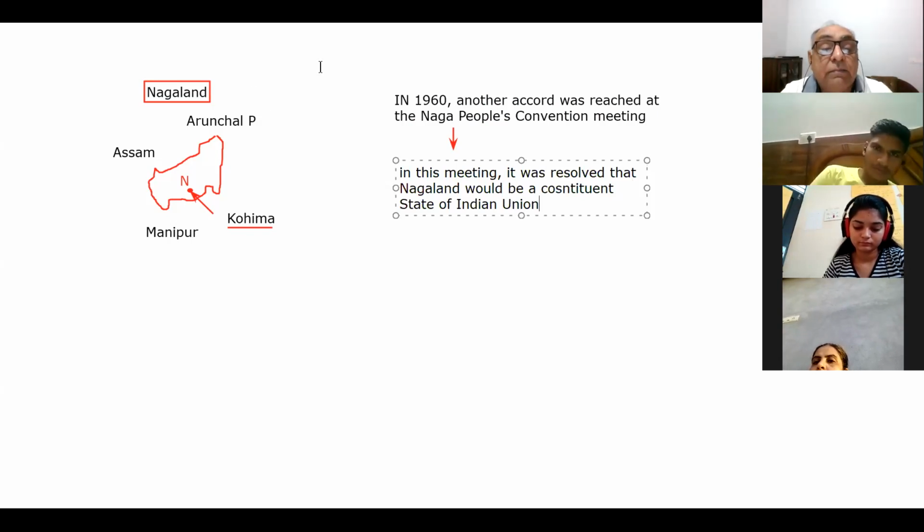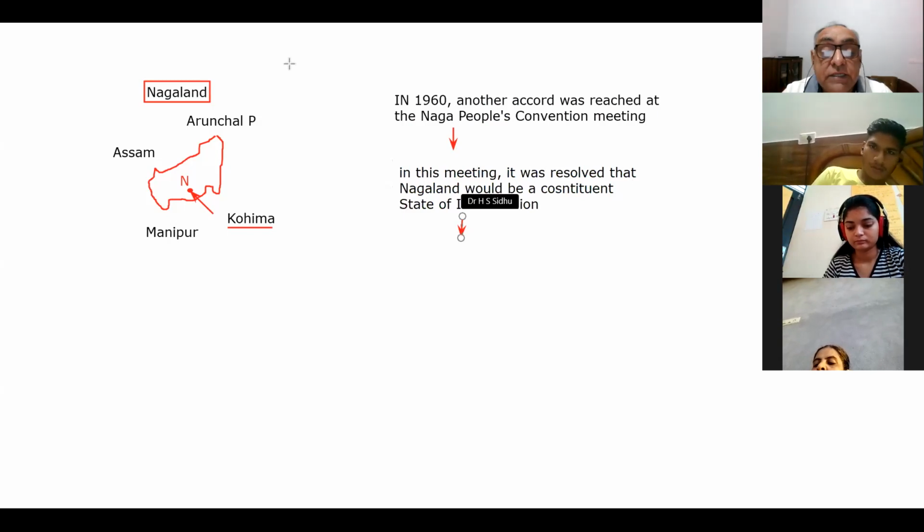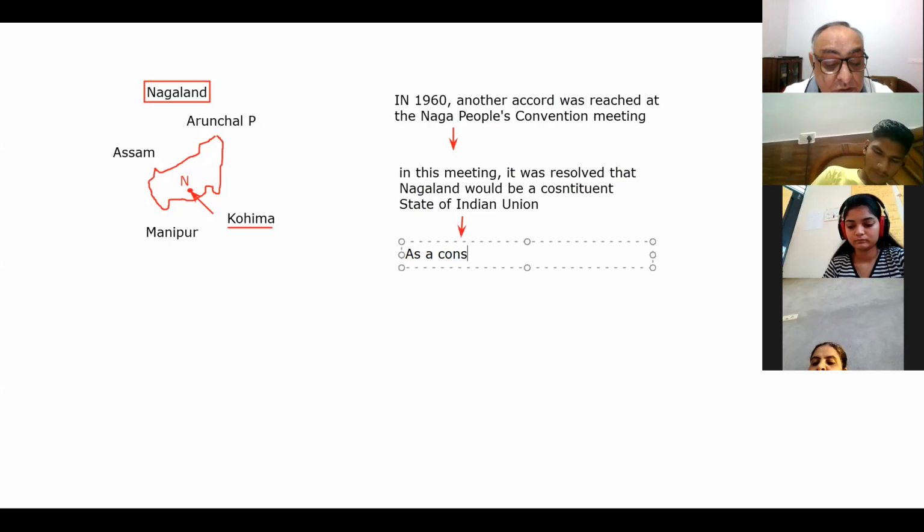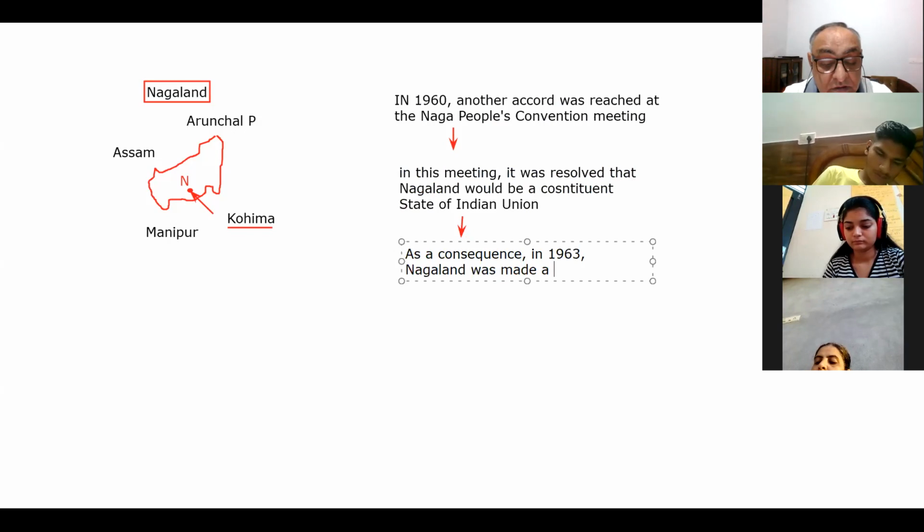And then what happened, beta? As a consequence, in 1963, Nagaland was made a state.